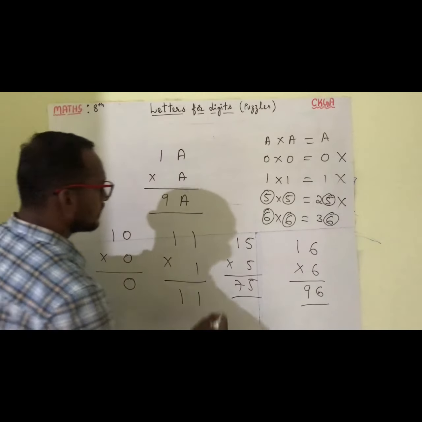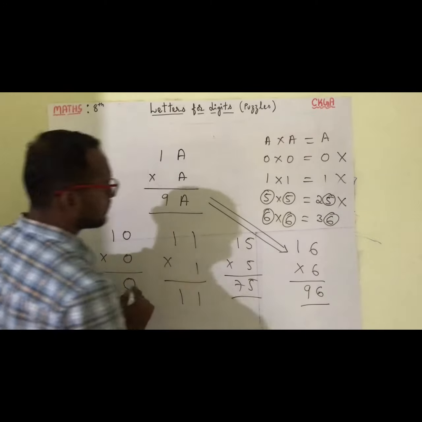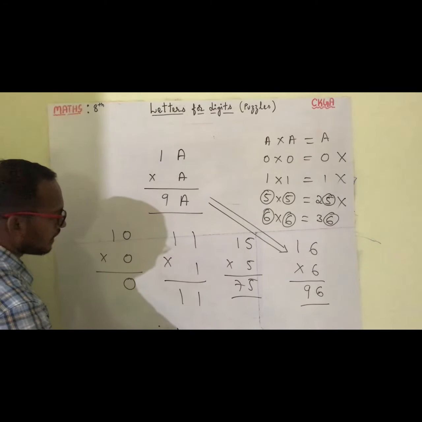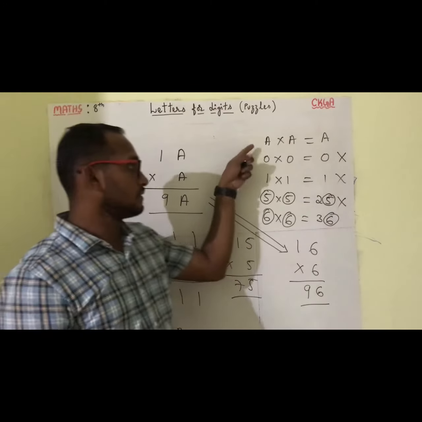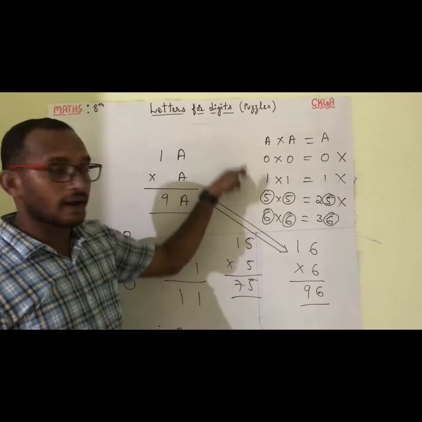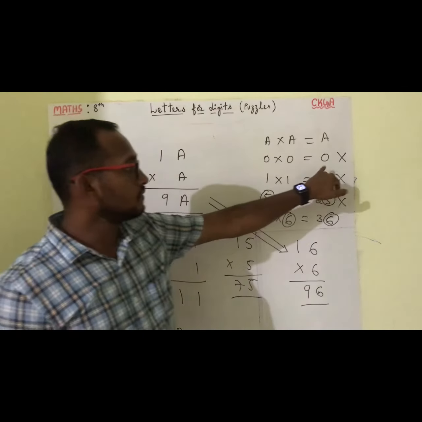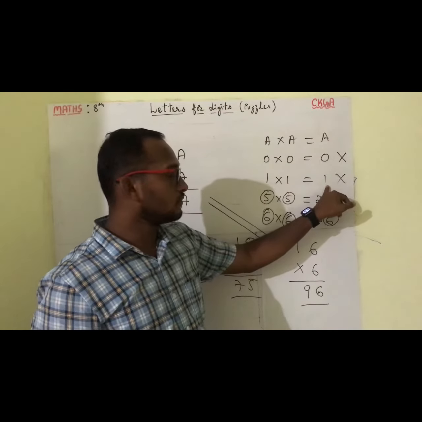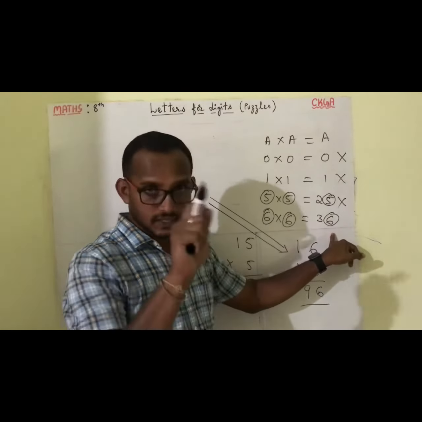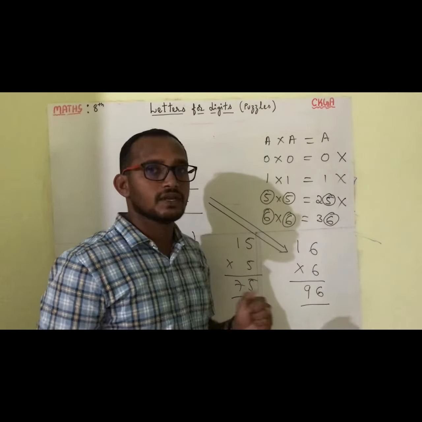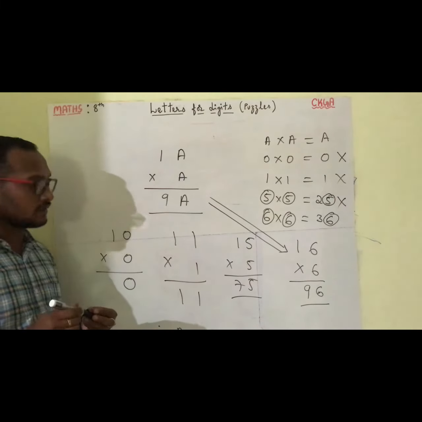So finally, this will give a balance. Therefore, the value of A should be equal to 6. Keep these ideas in your mind, this is a very important thing. When you multiply 0 with 0, you'll get 0. 1 into 1, 1. 5 into 5, 5 in the unit place. 6 into 6, 6 in the unit place. These 4 different cases help us to crack this code 1A into A as 9A.